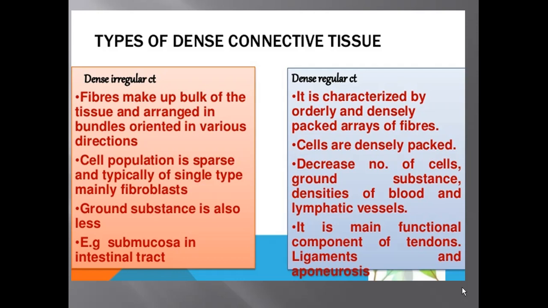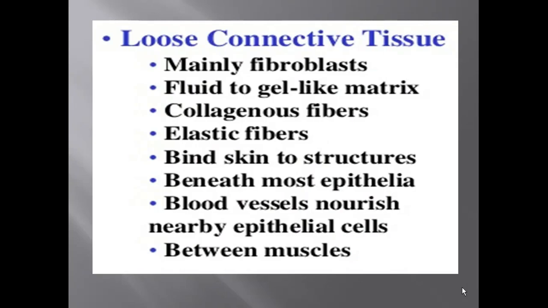We know the main job of tendons is to connect or bind muscle with bone, while the irregular has too many fibers and blood cells, like the submucosa of the intestinal tract system. And then also loose connective tissue, where I give some characteristics just to remember the loose connective tissue from previously.